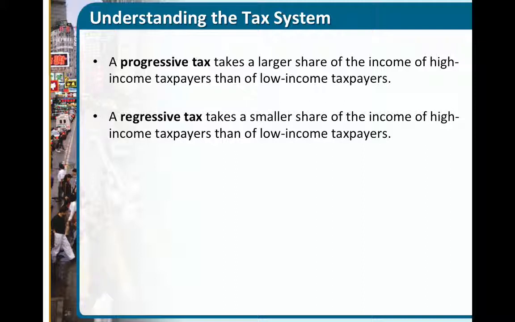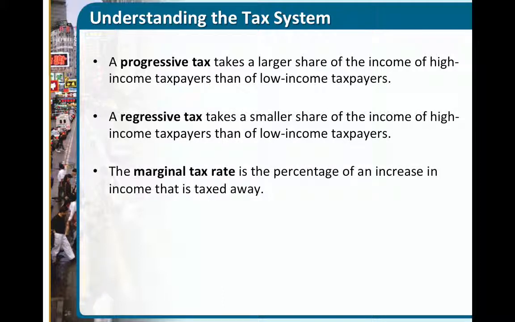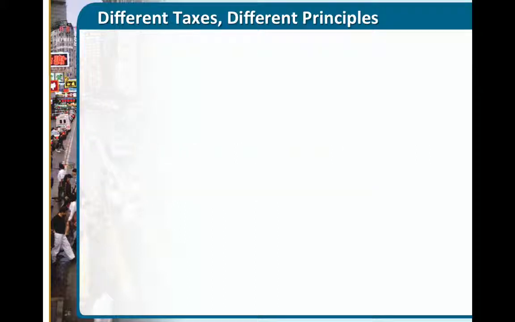Think of maybe the fee on your driver's license. That's about $10? Well, that's more of a lower income taxpayer's income than it is of a high income one. $10 to someone who makes $100 a week is a lot of money. $10 to someone who makes $10,000 a week is not a lot of money. So that's kind of what a regressive tax is. And then a marginal tax rate is the percentage of an increase in income that is taxed away.